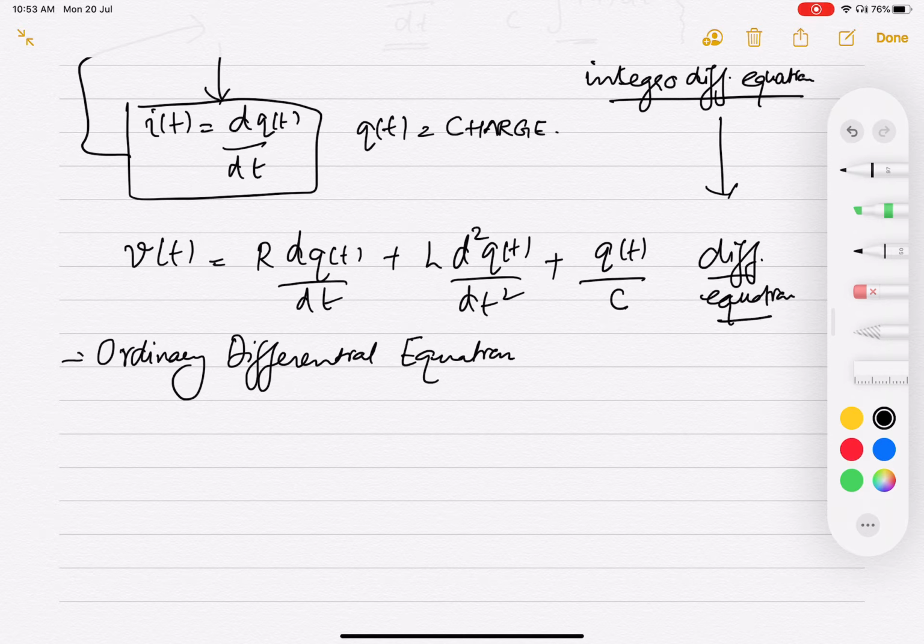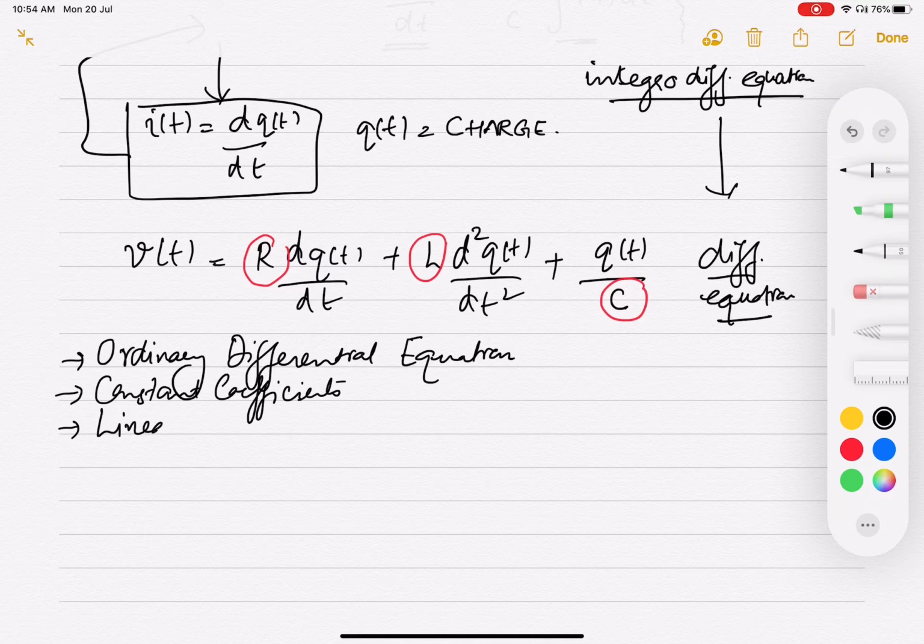It also has constant coefficients; these coefficients are constant. It is also linear. It's an ordinary differential equation with constant coefficients, and it is non-homogeneous.